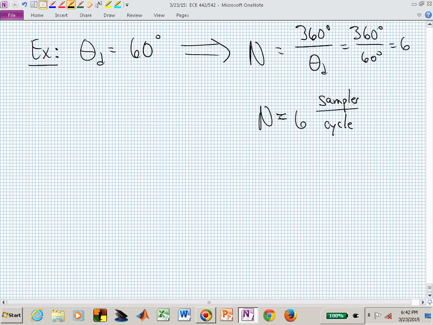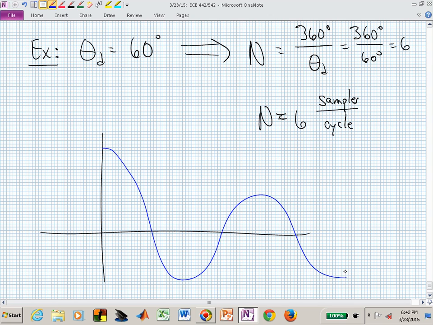By that, I'm trying to communicate the following. If we had this picture, a decaying sinusoid, it's not decaying very effectively, but where is one cycle of that oscillation? That starts here and finishes, let's say, right there.